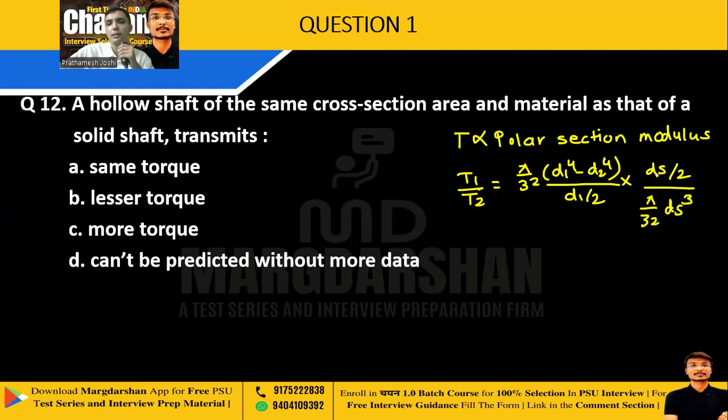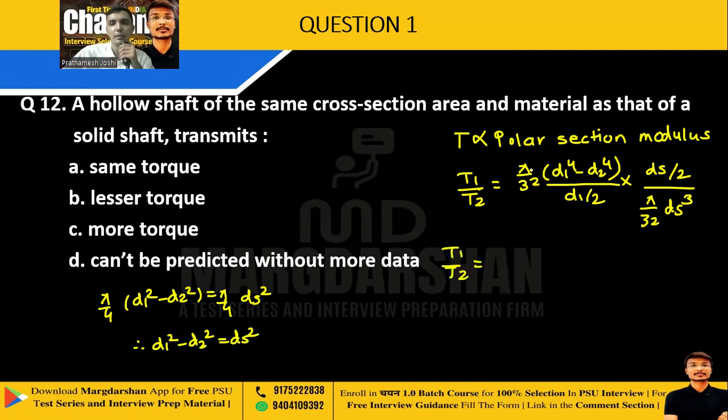And area same है ना क्रॉस सेक्शनल, तो we can write it as π/4 (d1² minus d2²) should be equal to π/4 ds². Therefore, d1² minus d2² is equal to ds². Okay. Now, if we see T1 upon T2, π/32 तो कैंसिल हो जाएगा. ठीक है, सॉरी, ds⁴ है यहाँ पे, आई एम सॉरी.